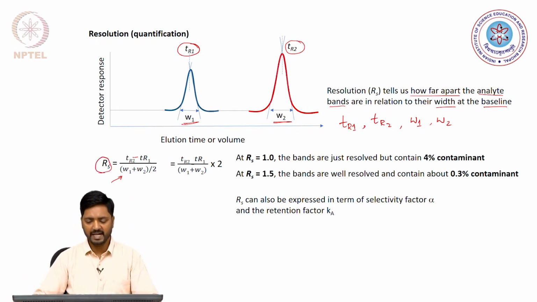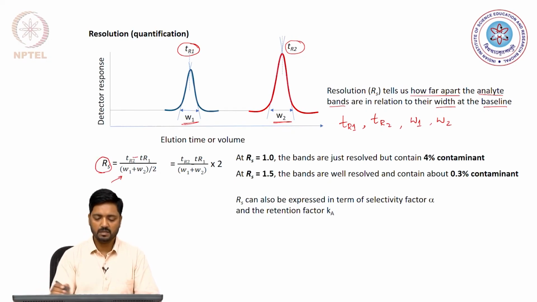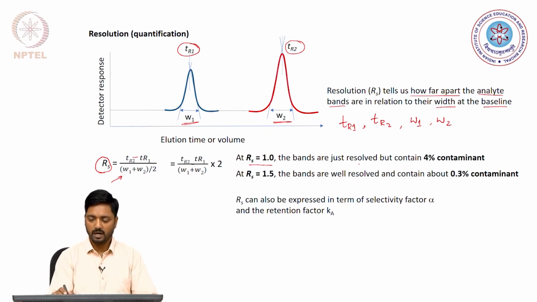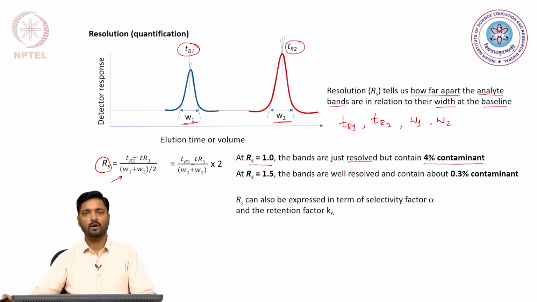Now, when we do that, we observe that a resolution value of 1.0 indicates that these bands are just about resolved, but they still contain about 4% of the contaminant in them.